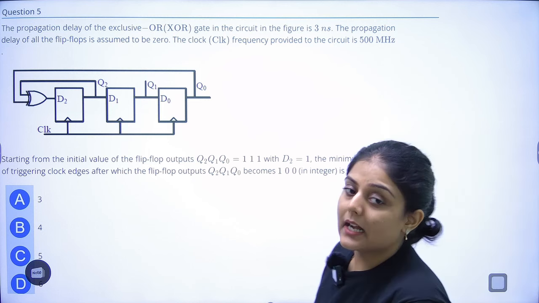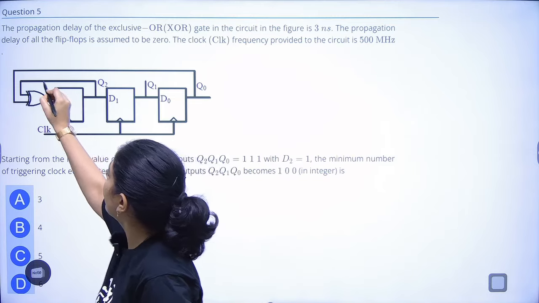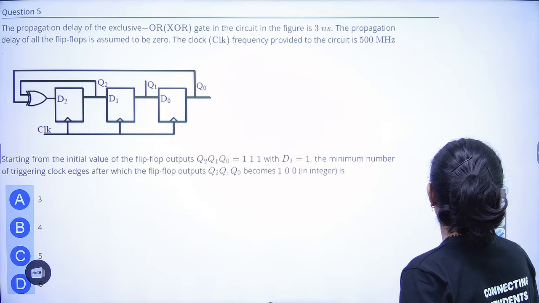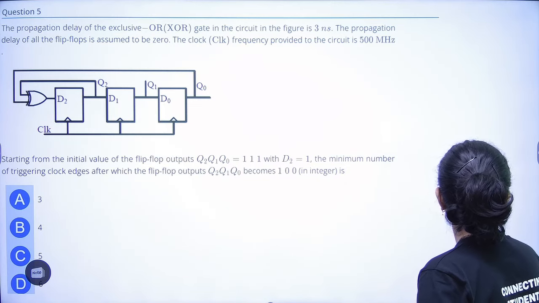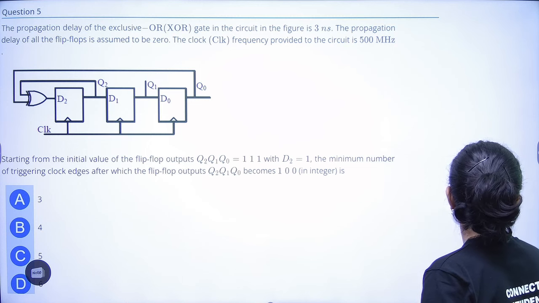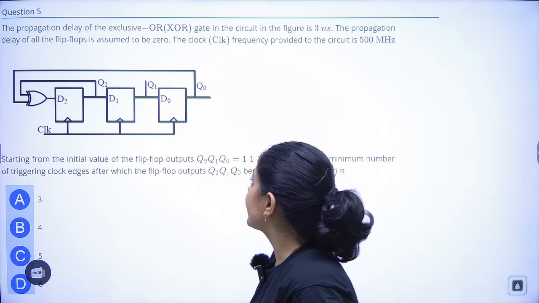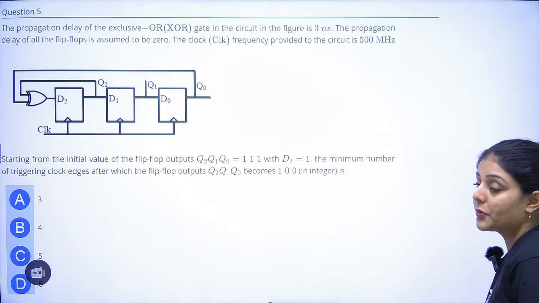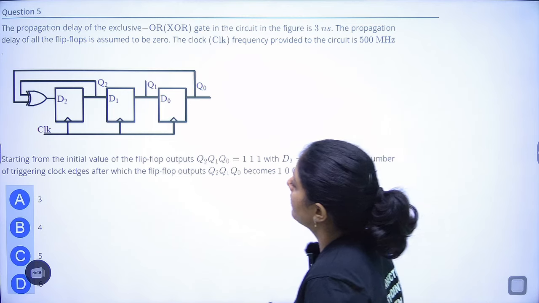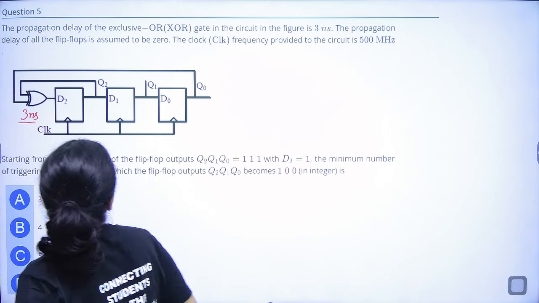Next question says that the propagation delay of the exclusive OR, that is the XOR gate given here, in the circuit is 3 nanosecond.